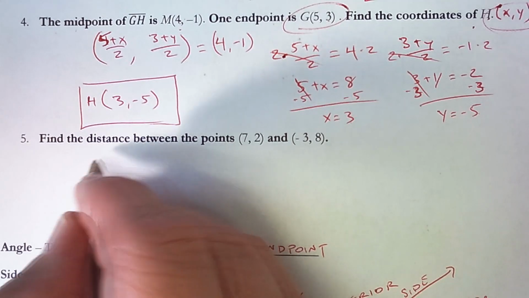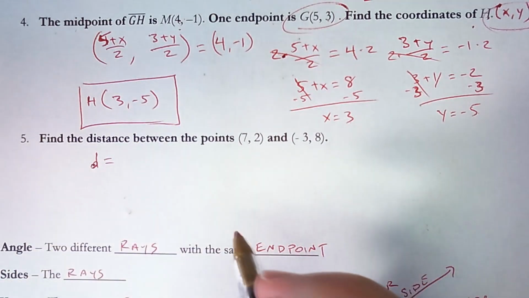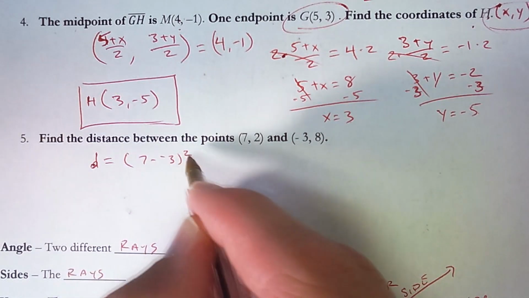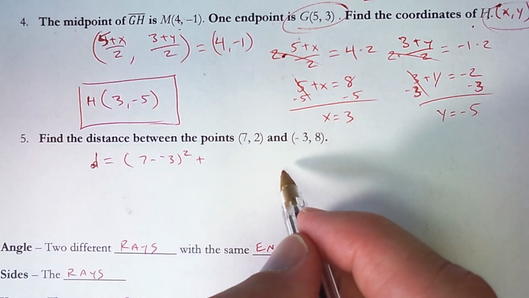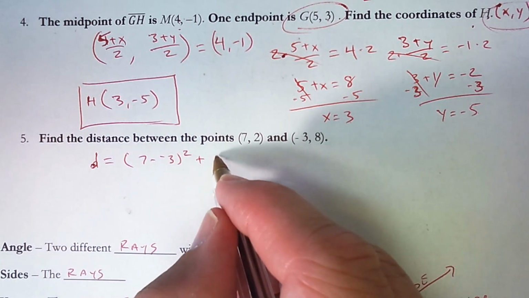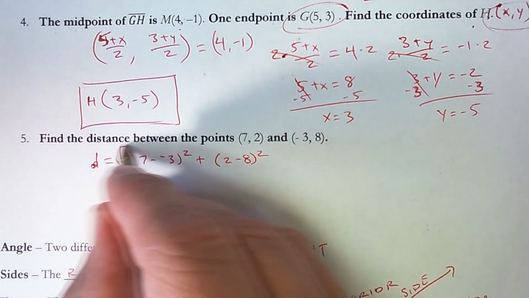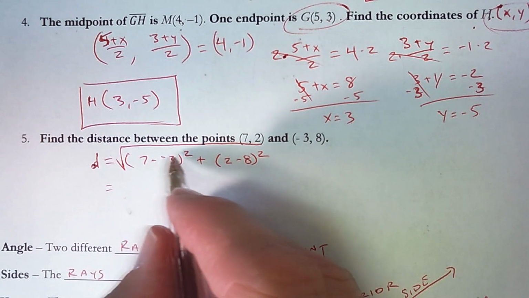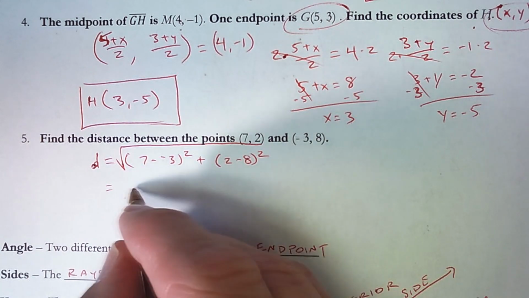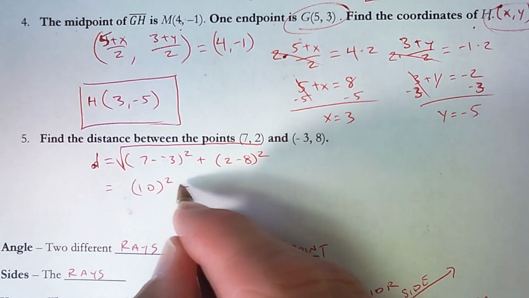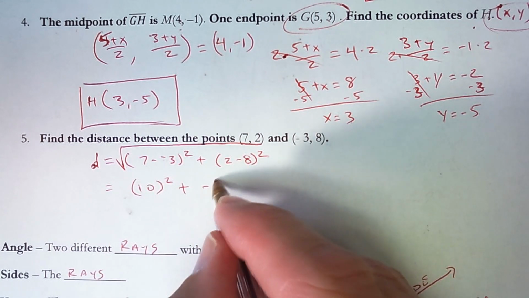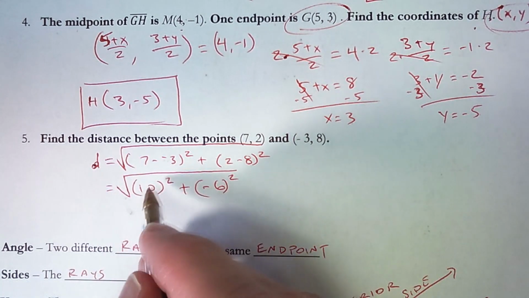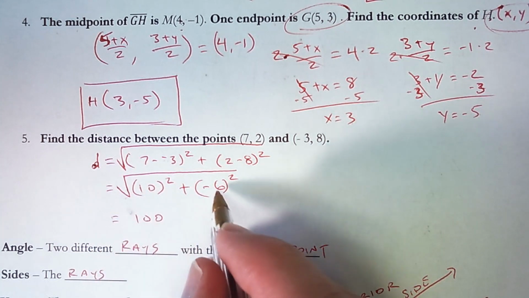So the distance formula, d equals x minus x squared, 7 minus negative 3 squared, plus y minus y squared, 2 minus 8 squared, all under a radical. 7 minus negative 3, that's 7 plus 3, is 10 squared. 2 minus 8 is negative 6 squared. 10 squared is 100.